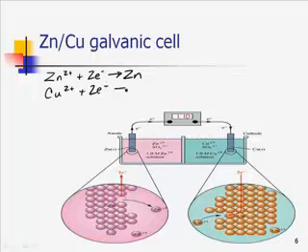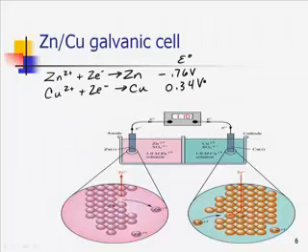There's my copper reduction. If I look these up in the table, the zinc reduction is at a minus 0.76 volts. These are our E0 values. And the copper 2+ to copper metal is at a positive 0.34 volts. Now, the more positive the reduction potential, the more likely it is to be reduced.